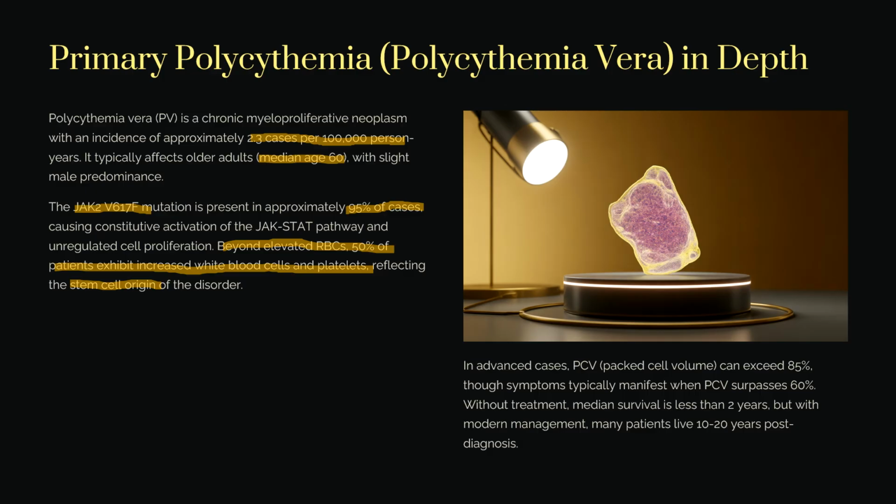So this is primary polycythemia vera. The cause: mutation of the JAK2 V617F gene.